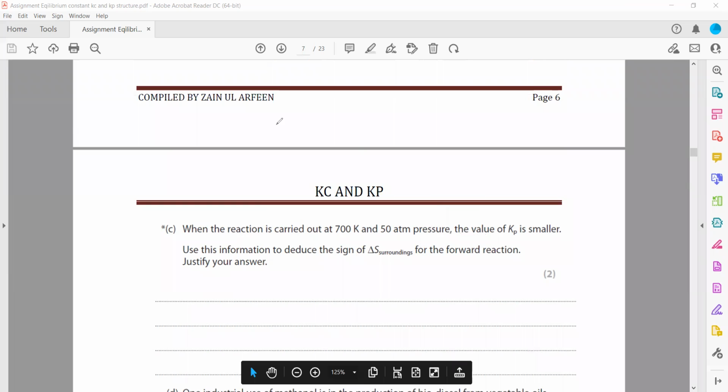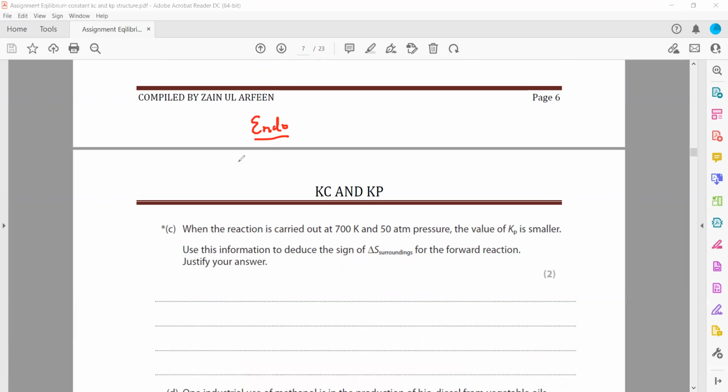If a reversible reaction is endothermic, when we increase the temperature, the Kp will also increase. So for endothermic reactions, the Kp or the Kc is proportional to temperature. Increase in temperature increases the value of Kc or Kp.